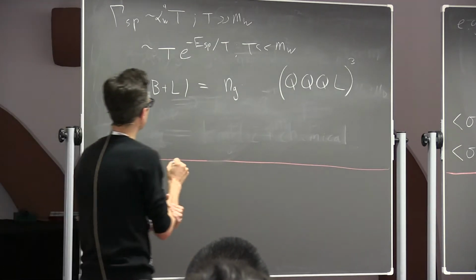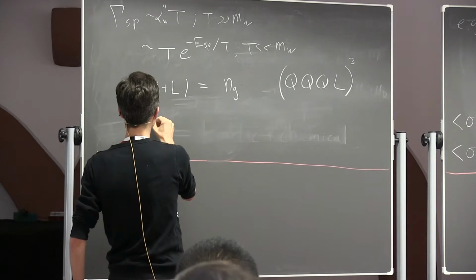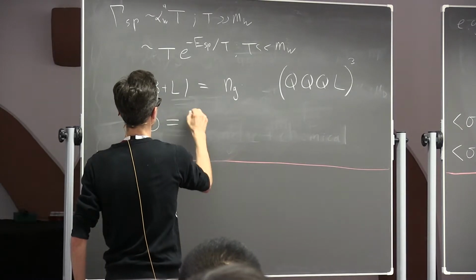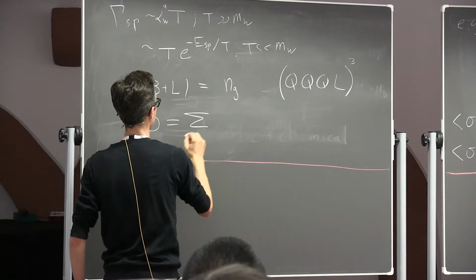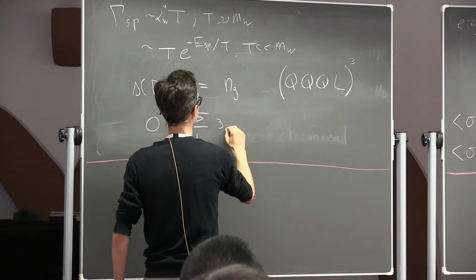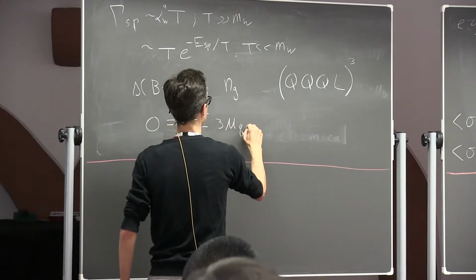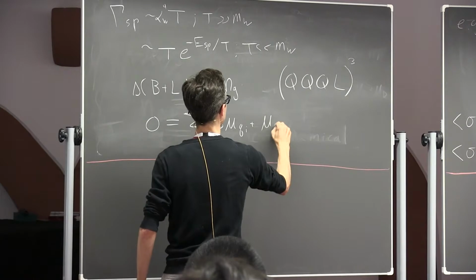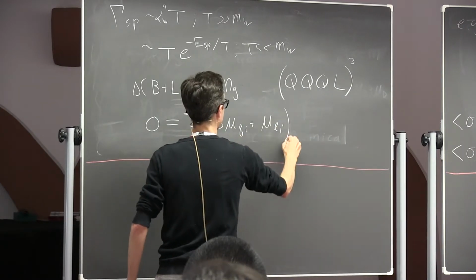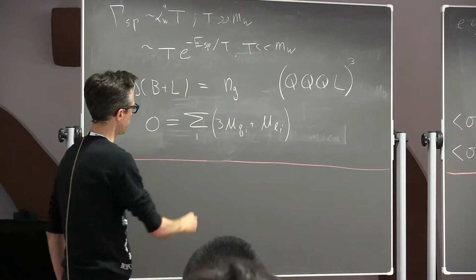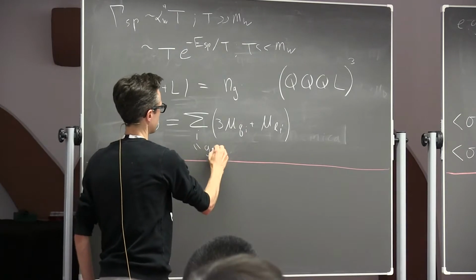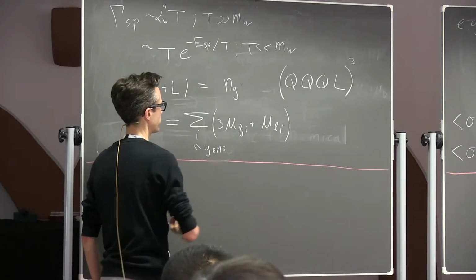So the corresponding relation that I get from Sphalerons, the chemical potential relation implied by Sphalerons, is that I have a sum over generations, over the 3 generations.